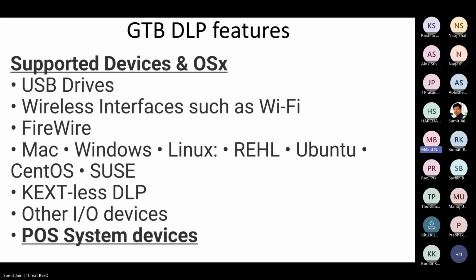Other IO devices like POS systems, where sales take place, you can have if you opt for network DLP. That is how GTB DLP can monitor, track and support a variety of combinations of endpoints and IO devices. So Sumit, next slide.